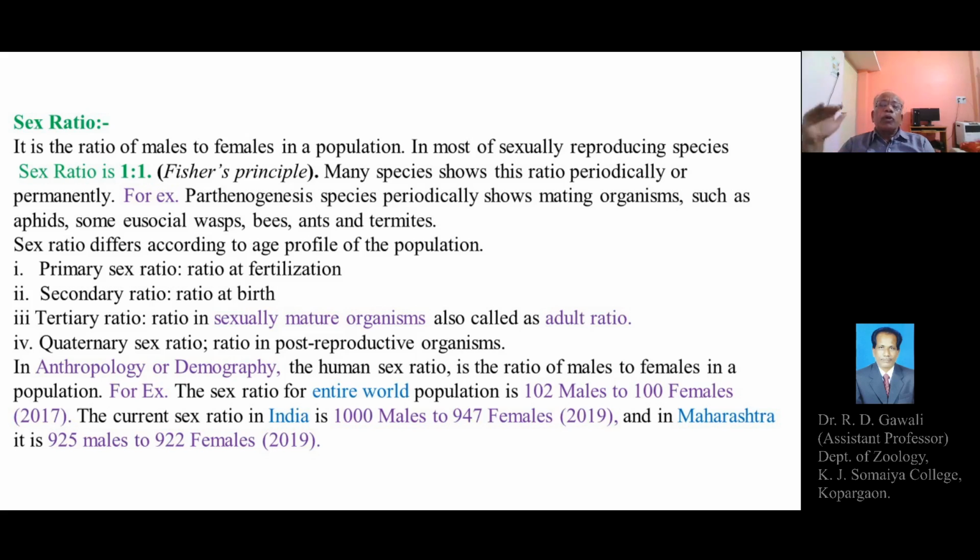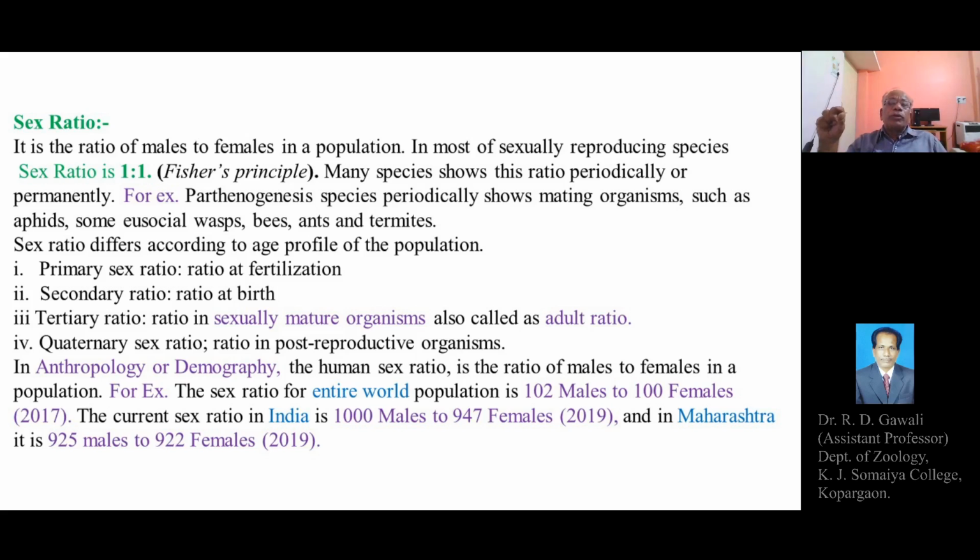Secondary ratio, at birth. Tertiary ratio, in sexually mature organisms, also called the adult ratio. So the sex ratio can be determined at various stages, or various age profiles, of the population.